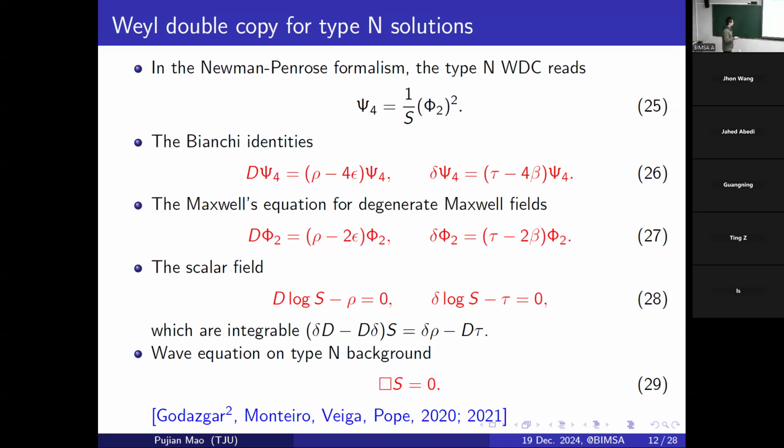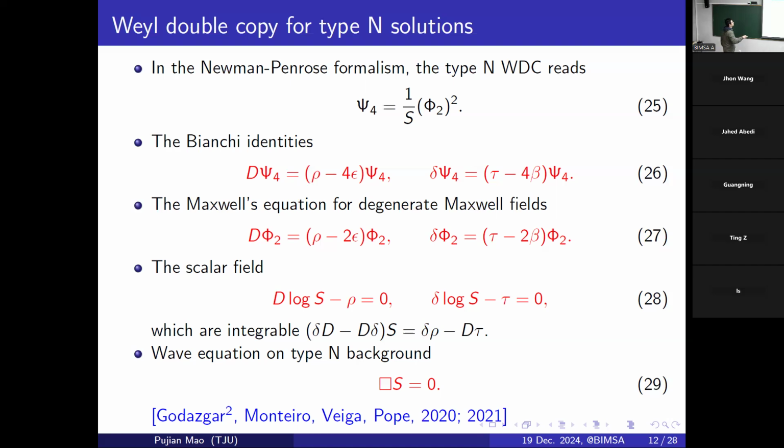Then the equations of motion for them are the Bianchi identity for the Weyl tensor and the Maxwell equation for the Maxwell field phi. Now suppose you have a solution of gravity theory. That means psi satisfies the Bianchi identity. Suppose you accept this decomposition, and also phi is a solution of Maxwell theory.